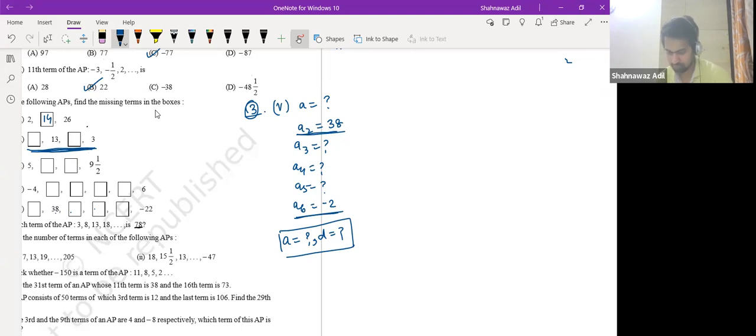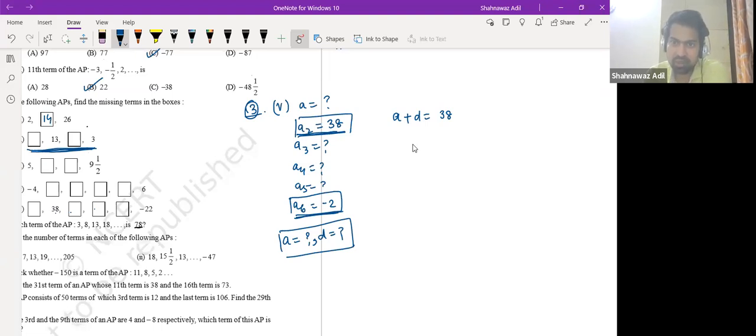Yeah. So, sir, is it like we don't have A and D, so A plus D equal to 38? Absolutely right. Good. So A plus D is 38. Then we can solve 38 minus D, so we will get A. No, we need another equation, right?